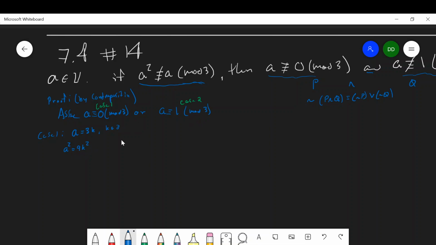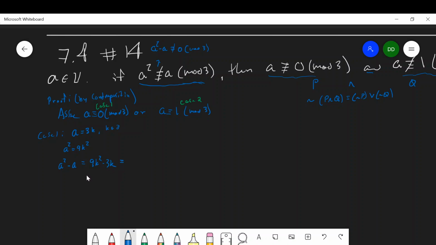And you know what? If A squared is equivalent to A mod 3, I'm going to subtract the A over. This would be the same thing as saying A squared minus A is equivalent to 0 mod 3. And so in the contrapositive, I'd want to show A squared minus A is equivalent to 0 mod 3. So I'm going to take A squared and subtract A here. A squared minus A equals 9k squared minus 3k. What do you know?